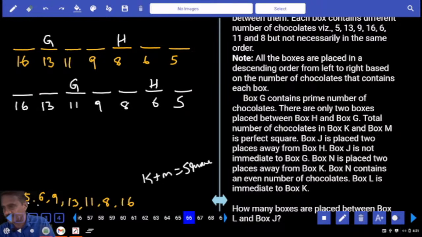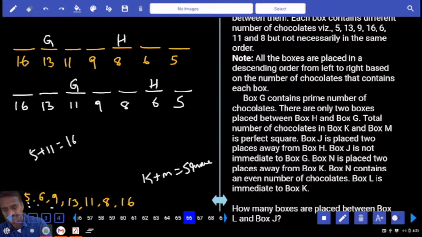5 plus 6 is a perfect square. 5 plus 9 is a perfect square. And next one, 5 plus 8, 5 plus 11. 5 plus 11 is a perfect square. 5 plus 11 is what? 16. And 16 plus 9.